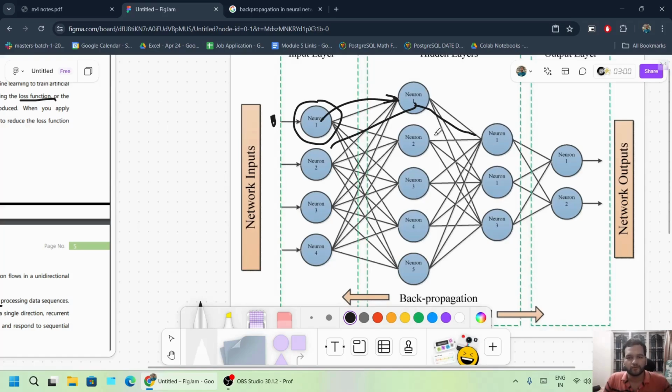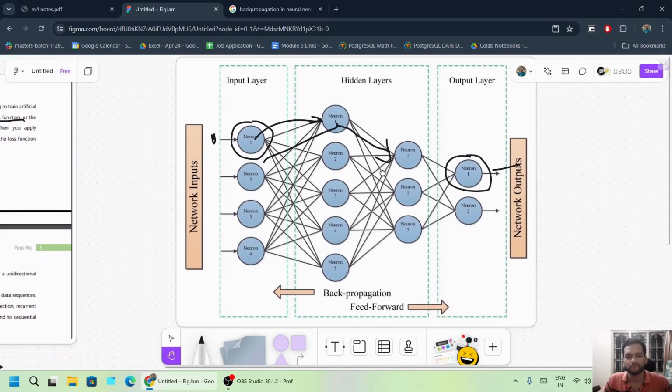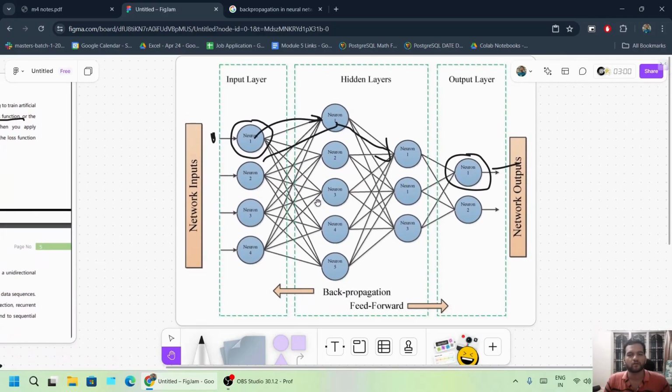With the artificial neural networks, it keeps on doing this until the expected output comes. This is an output that we expected from it. This is a backpropagation algorithm.